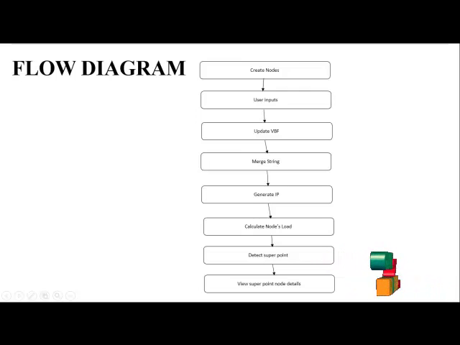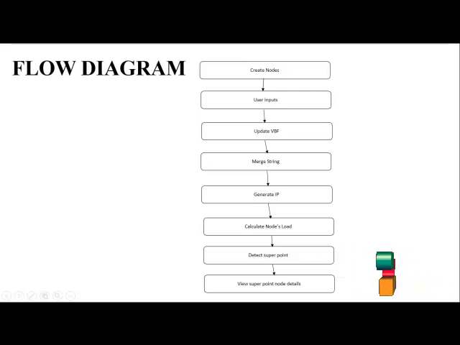So we have to generate 4 hash functions, and the generated hash functions are consecutive to one another. Then after merging the string, we have to generate the IP address of each node. We randomly generate the IP address and calculate the node loads.